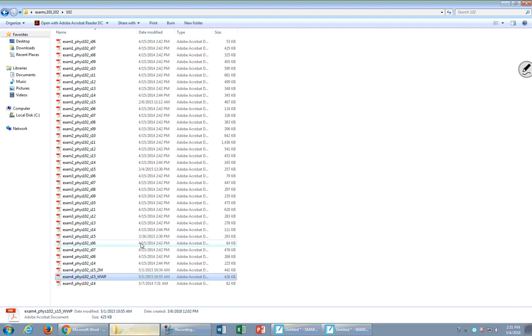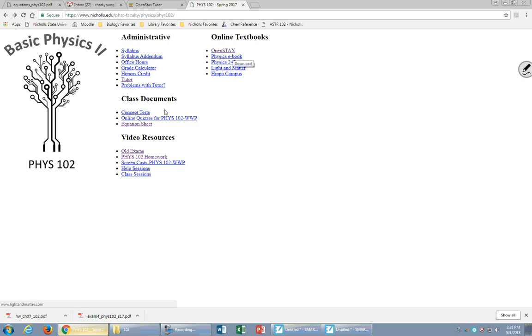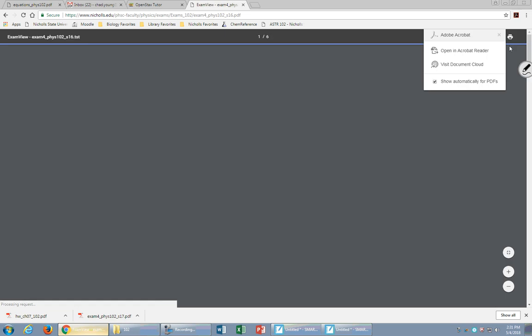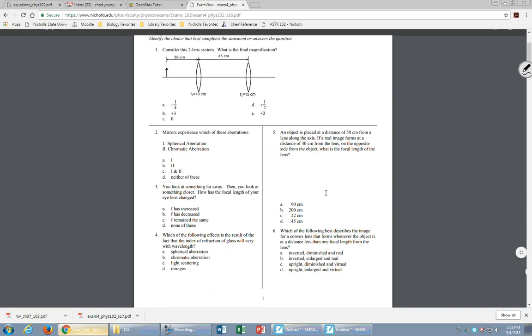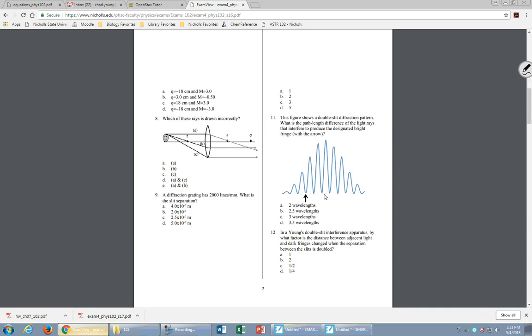Exam 4, spring 16. All right, which one? Number 11. Okay, so here I want to know what is the path length difference.